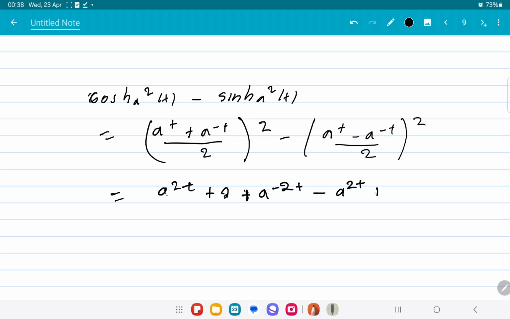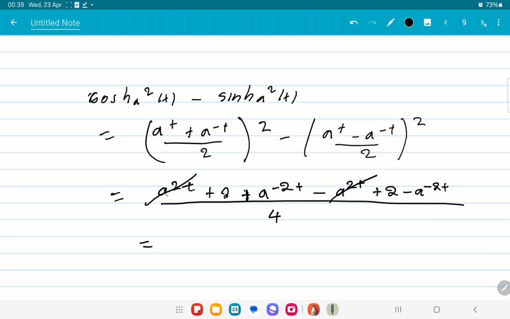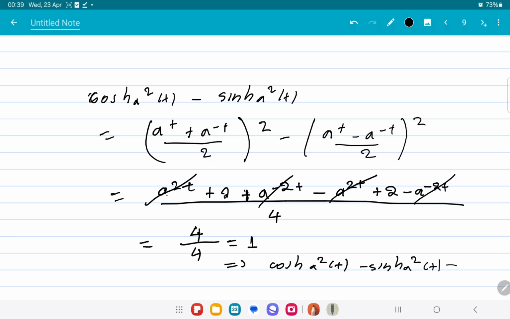It's going to be minus here, plus 2 minus a to the power of minus 2t, and the denominator is going to be 4. So we can cancel this term and this term, and in the numerator we just have 4, and in the denominator we have 4, and that is 1. So the cos hyperbolic squared of a t minus sine hyperbolic squared of a t gives me 1.